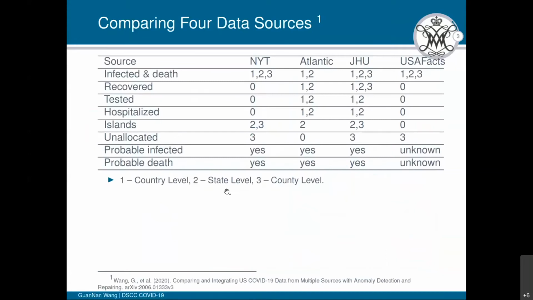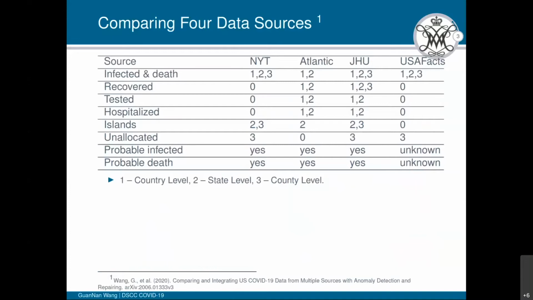We compared our data sources and listed the similarities and differences in this table. Here, 1 means the national level data, 2 represents the state level data, and 3 represents the county level data. From this table, you will notice that Atlantic only provides the national and state level data, while the other 3 sources provide data on all 3 levels.